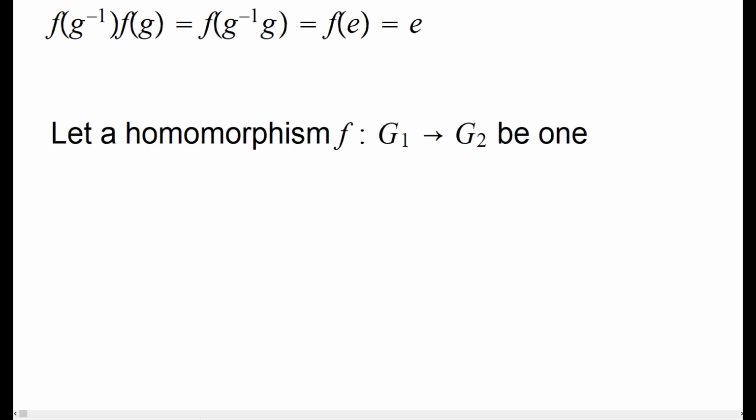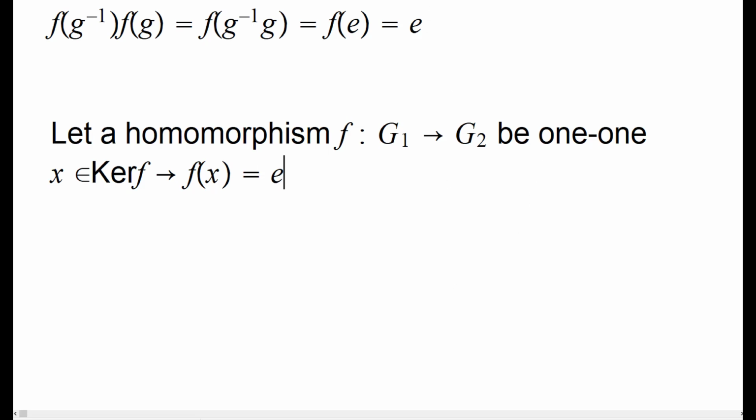Let's see what will happen now. If we have x belonging to the kernel of F, that tells us that F of x is going to be the identity, and this is given to be one-one.